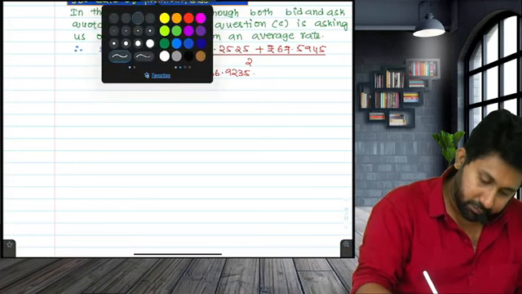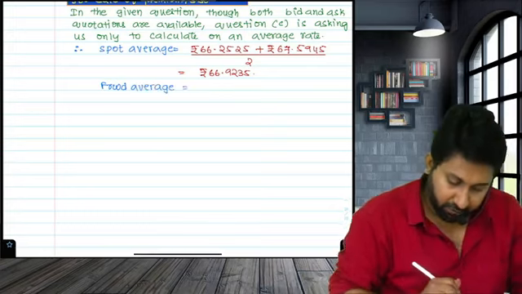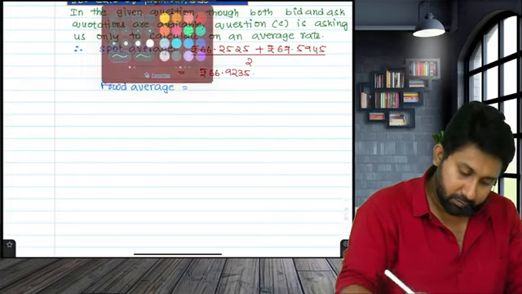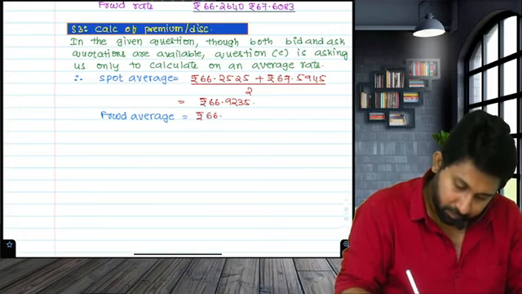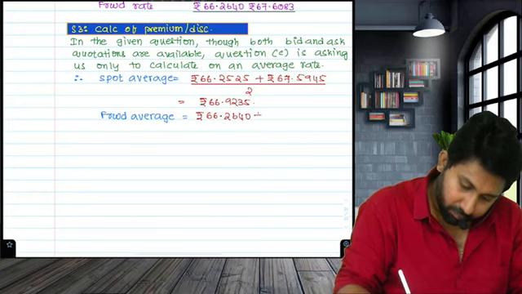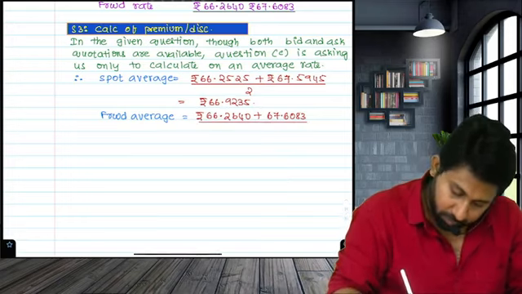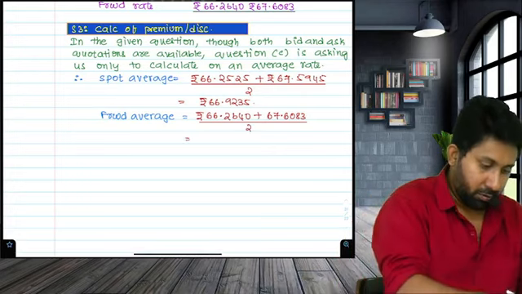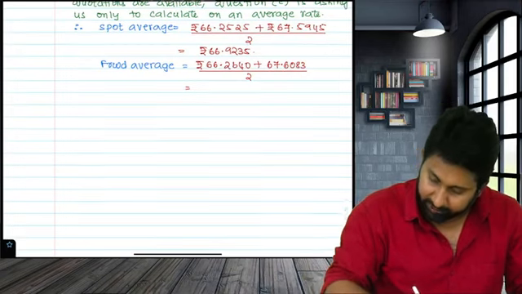Next, forward average. 66.2640 plus 67.6083 divided by 2, 66.9362.